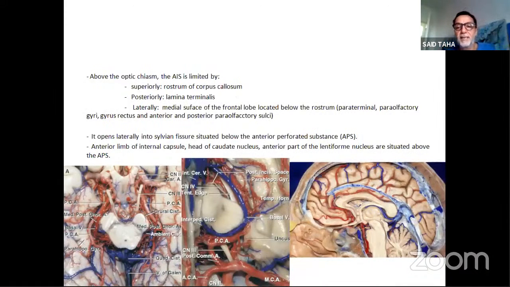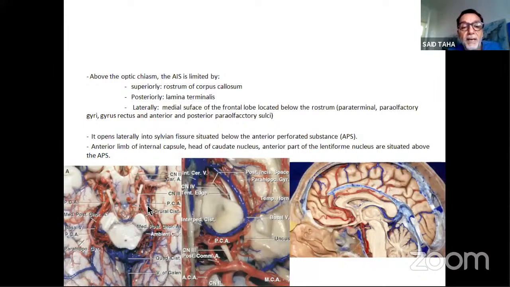Above the optic chiasm, we have the rostrum of the corpus callosum. Posteriorly, the lamina terminalis here, and laterally, the medial surface of the frontal lobe below the rostrum, with paraterminal, para-olfactory, gyrus rectus, anterior and posterior para-olfactory sulci.